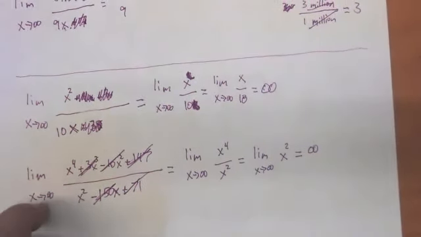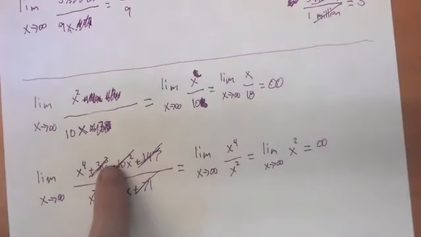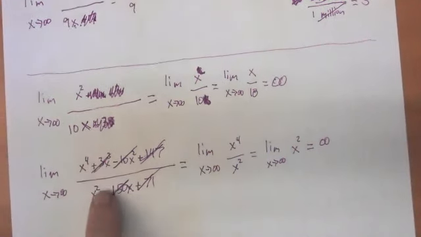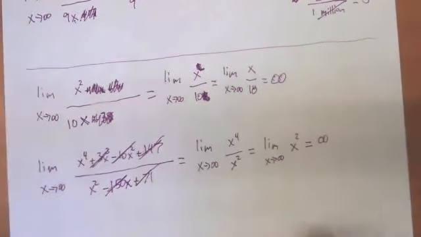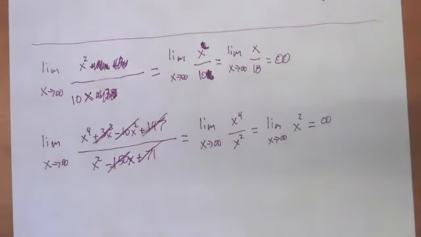So what we see when we're doing this is that whenever we've got rational functions, if the numerator has got a higher power in its leading term than the denominator, the limit is always going to be infinity. All right, in the next video, we're going to flip this around. We're going to see what happens when the denominator has a higher power than the numerator.